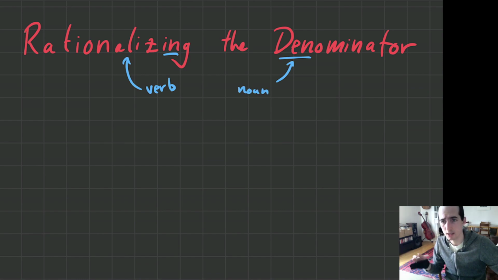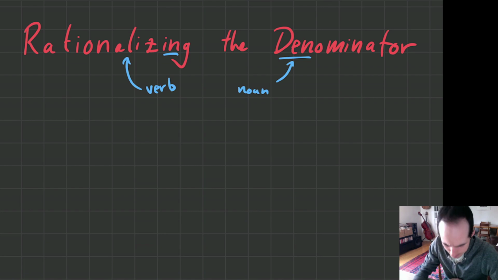Okay, so we're doing an action to a thing. So let's think about what that action is. I think that we all know what a denominator is, so I don't have to explain that to you. But you might not know what the word rationalizing means.